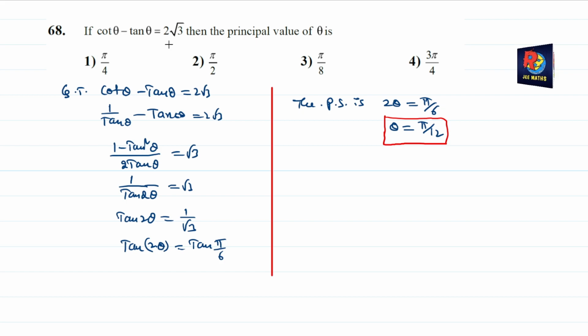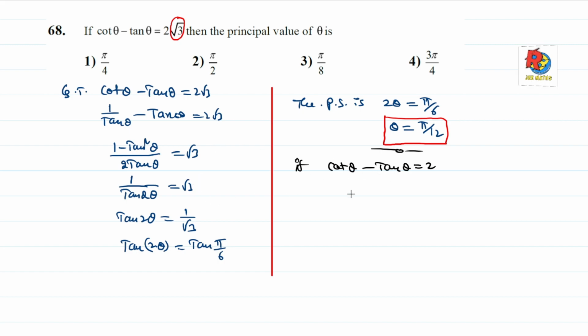Actually the question may have a mistake, just you can observe this one. If the question is not given with this root 3, then we will get the option. For example, that I will also prove. If cot theta minus tan theta value equals 2, then the left hand side will be the same, only root 3 is eliminated.